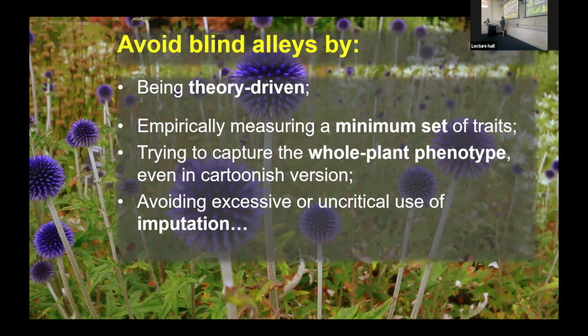That would go a long way to avoid the pesca milagrosa problem. Second, try to empirically measure a minimum set of traits that capture the whole plant phenotype, different organs, what the plant as a whole is, even if it's in a cartoonish version.